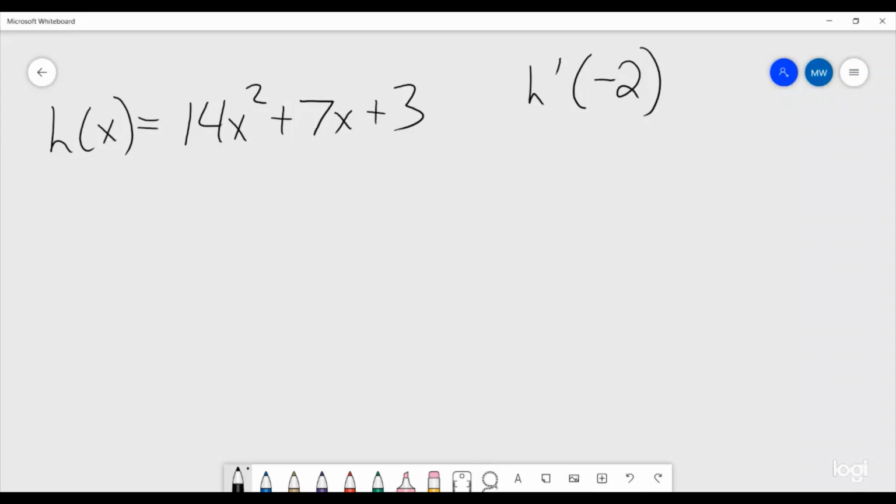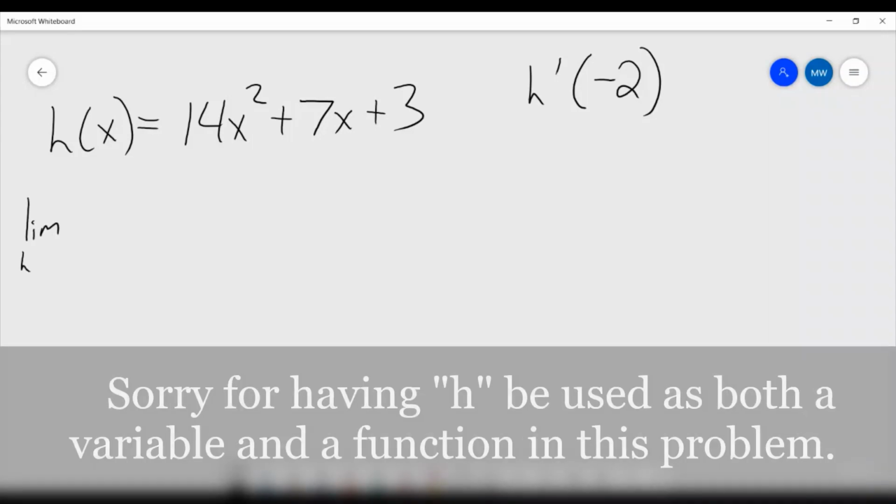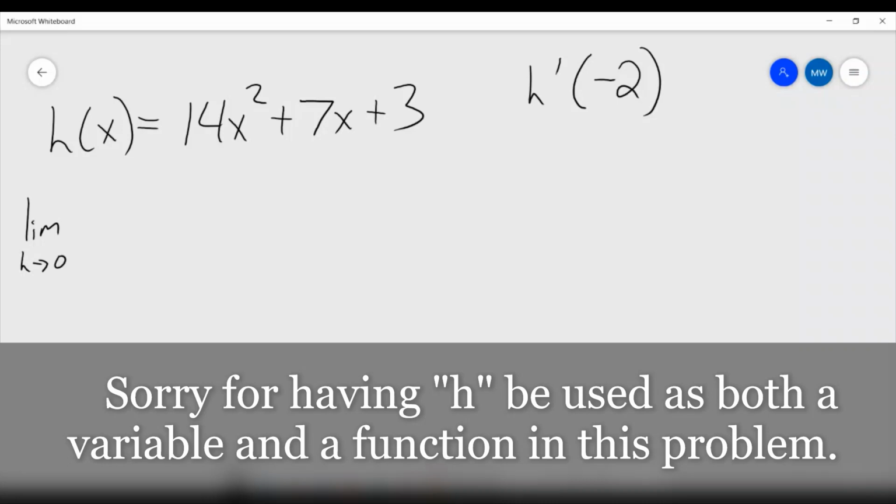So let's do the limit as h goes to 0. And the reason I'm going to default to this one most of the time is because this is the one that's closer to the definition when we are taking the derivative of a function. So that is going to be the limit as h goes to 0 of h of negative 2 plus h minus h of negative 2 all over h.